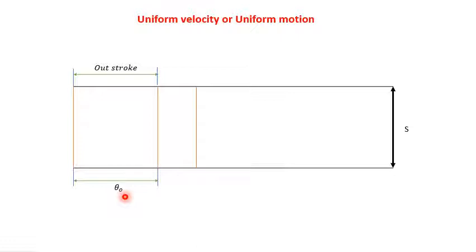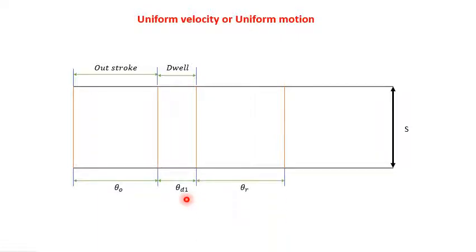Next one is dwell. This is the first dwell, denoted by theta d1. This value will also be given in the problem. Next one is the return stroke, right?